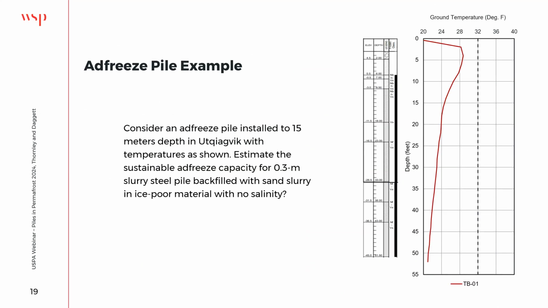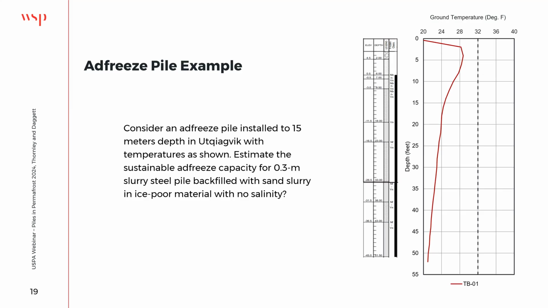So if we were to look at a quick example for this, we have an adfreeze pile that needs to be installed in Utqiagvik with our ground temperatures from 28 to about 22 degrees across the depth of this. We can see, like we talked about before, this is a single point winter temperature.